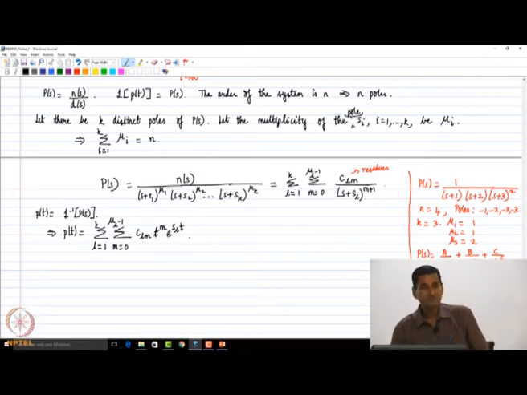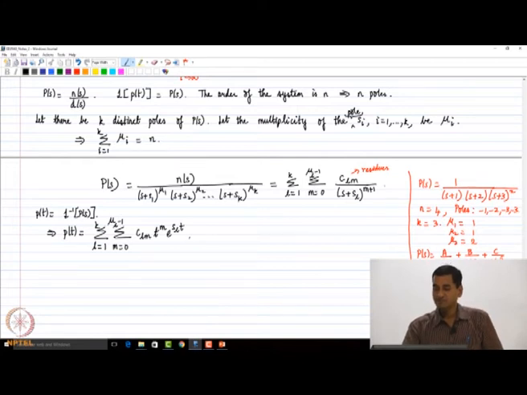I have just generalized from that. When there is no multiplicity, there is no t term, because you won't have the summation with respect to m. You will have a summation with respect to m only if you have multiplicity greater than 1, 2 and above, so then you will have t^m.